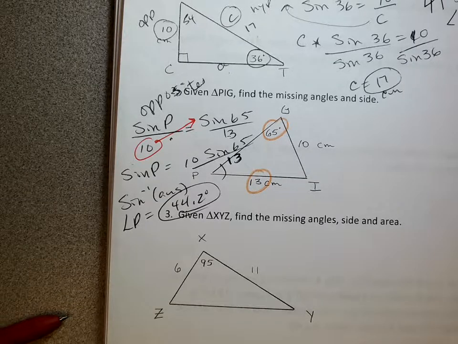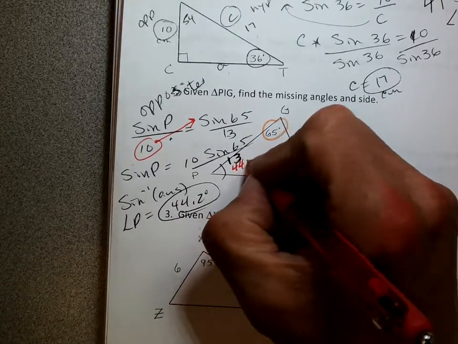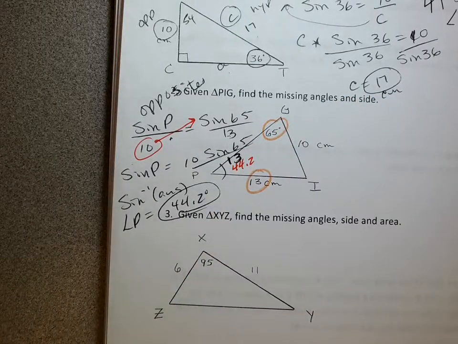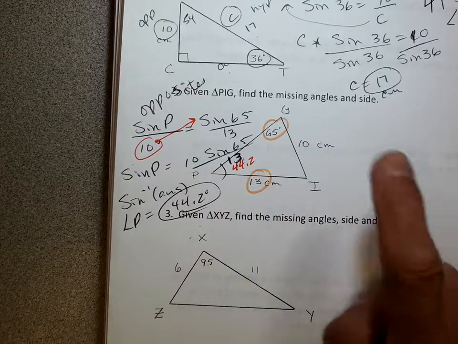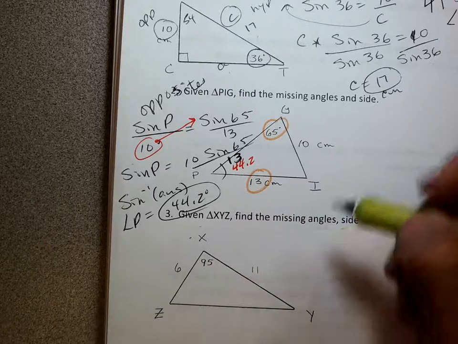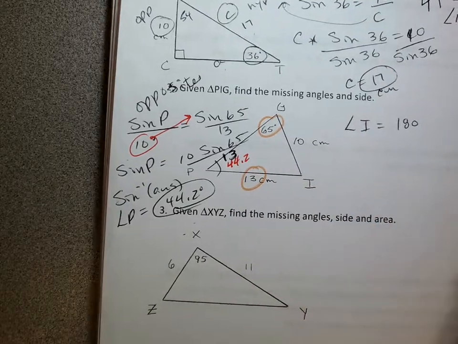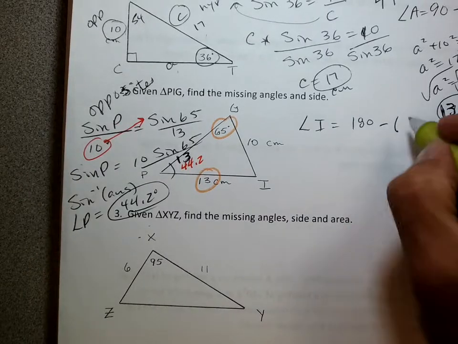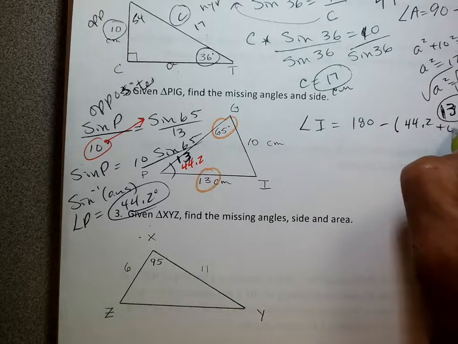Once I get the 44.2, I'm going to put it in my triangle because it's actually going to help me out. Now, I know in a triangle there's 180 degrees, right? So I'm just going to find angle I. Angle I is simply 180 minus the sum of 44.2 and 65.